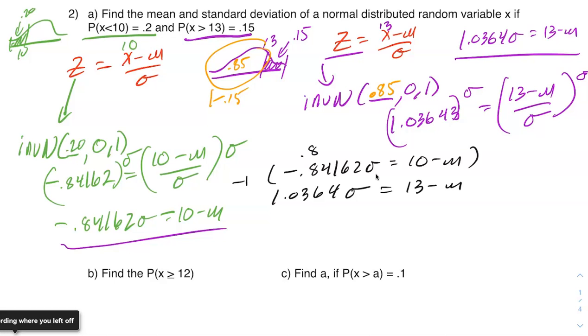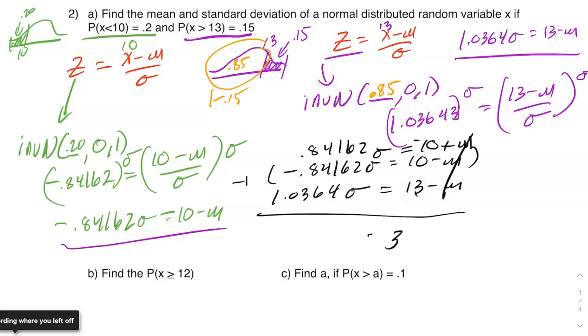So I get 0.84162 sigma equals negative 10 plus mu. When I add them up, the mu's cancel, right? Positive mu, negative mu. Oh, I say mu, sorry, it's mu. So those cancel out and I get negative 10 plus 13 is 3. Over here I get this sigma plus this sigma.